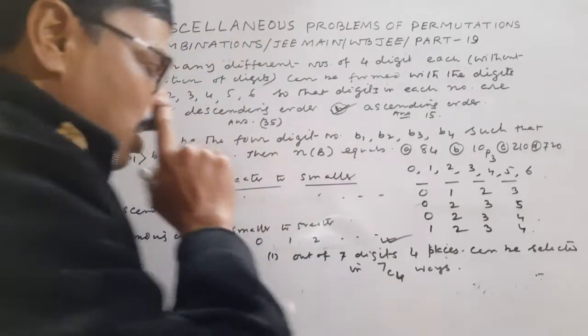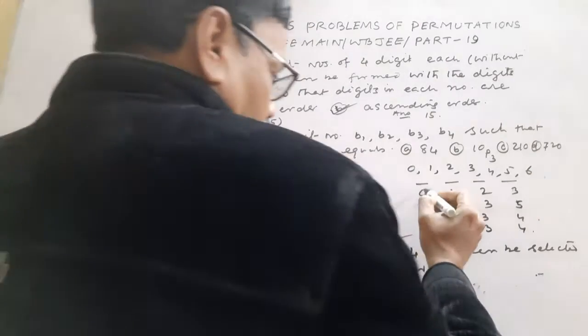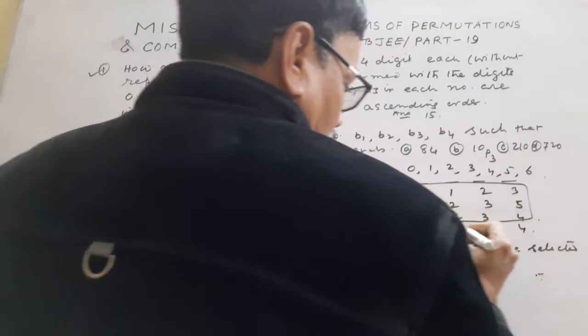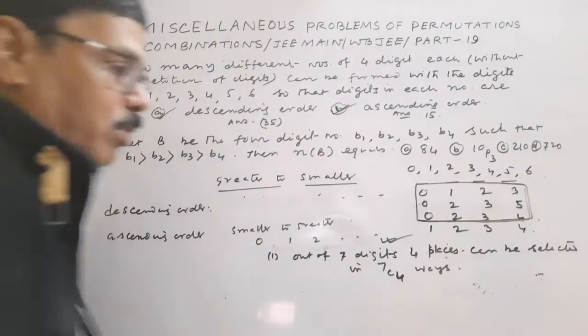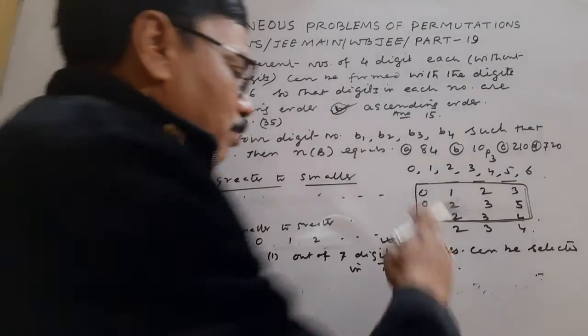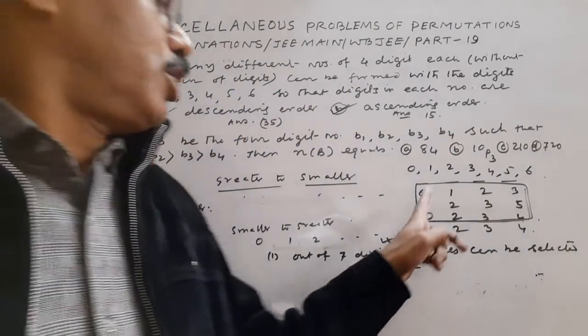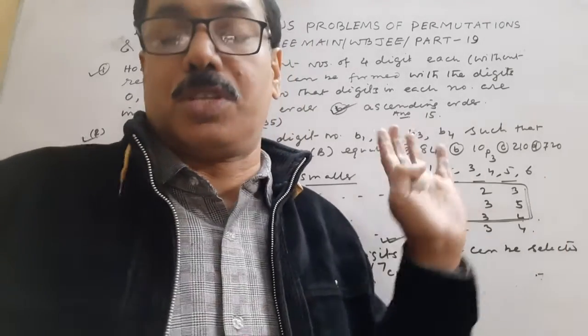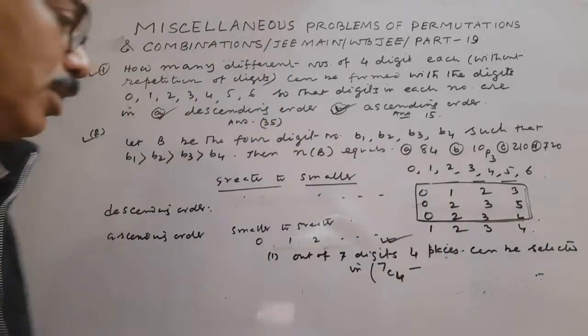But if the number starts with 0, it is not a 4-digit number. So the total number without any restriction is 7C4, but if 0 occupies the first place, they are not 4-digit numbers.